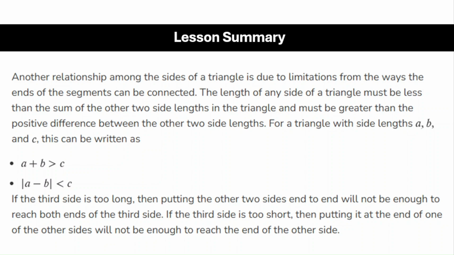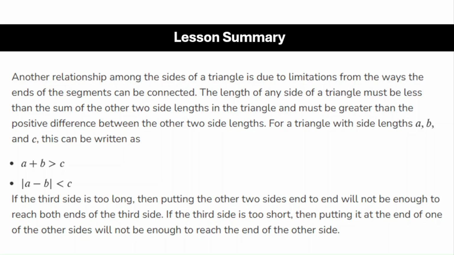So there's no way I could form a triangle with that. And if I take those two shorter sides and I add them together end to end, and they equaled C, well, now I just have one line directly on top of another line, and I don't have a triangle yet.